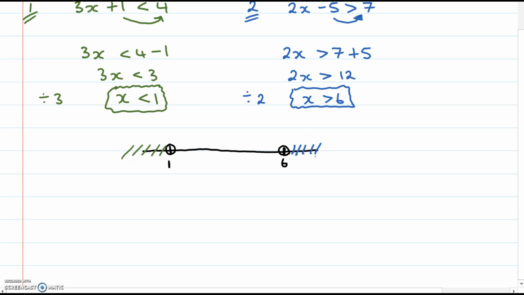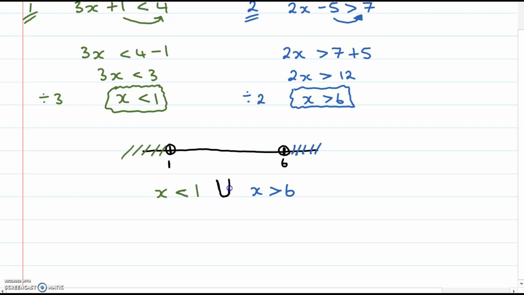Now, our answer isn't in between, so we're going to have two separate parts to our answer, and this is how we write it. We just take the individual pieces, x is less than 1, and then x is greater than 6, and we join those with the union symbol.